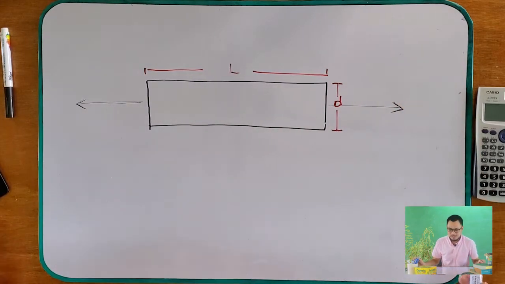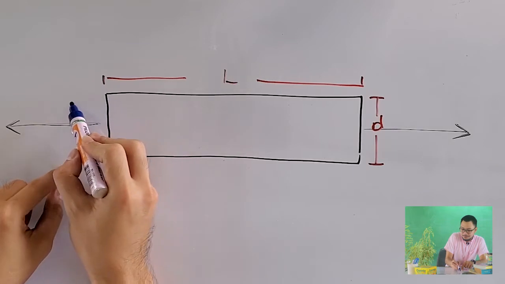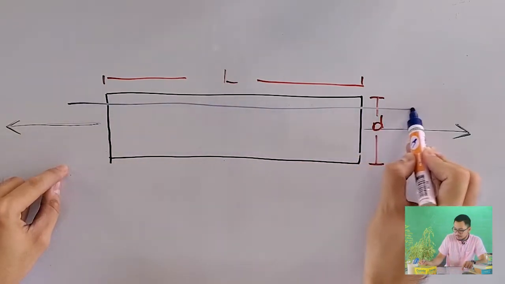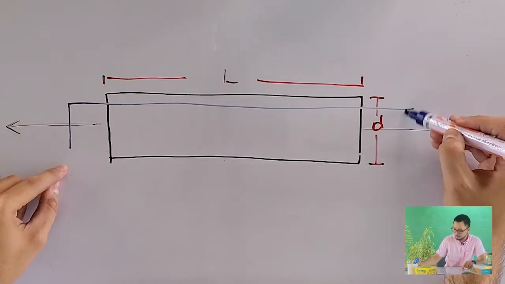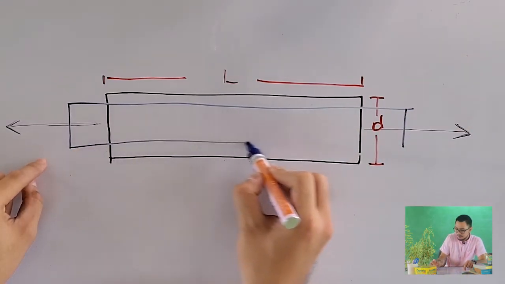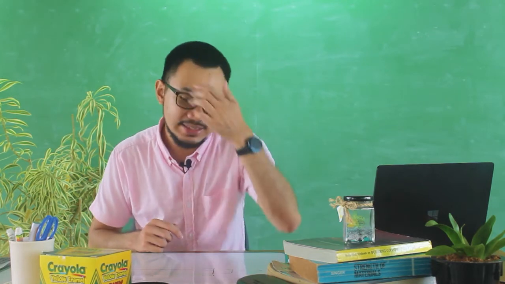If this object is deformed, it will actually look like this. Our object looks like this when it was deformed by the tension that we applied to it. Therefore, our shaft elongated and its diameter contracted.